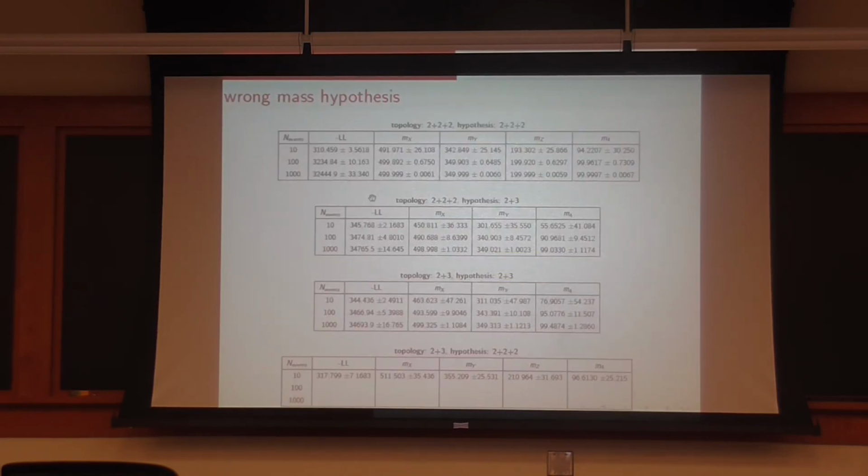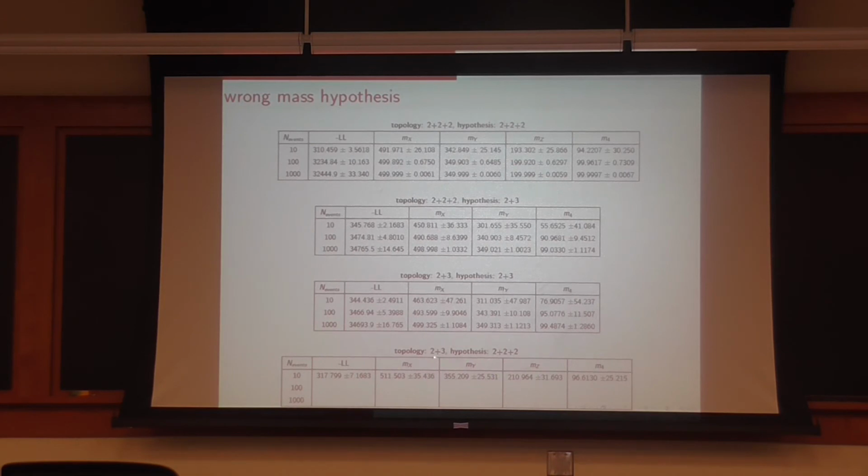Okay, here's the wrong mass hypothesis. The correct topology is 2 plus 2 plus 2. Assume 2 plus 2 plus 2, and you solve very well. Now the topology is 2 plus 2 plus 2, and you assume 2 plus 3. You can still work out some numbers. It's not going to be as good as the correct topology.